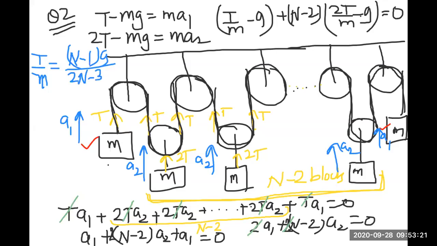This T by m has come. Now will n cancel? No, from where will n cancel? It is n minus 2, right? How can you cancel n from this equation? No no, n is not cancelling. So T by m has come, T by m minus g is equal to a1 and 2T by m minus g is equal to a2, right? Now you can find a1 and a2.